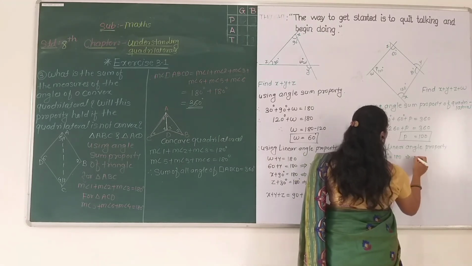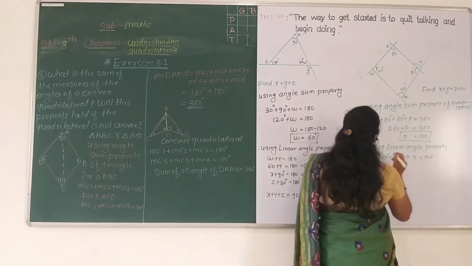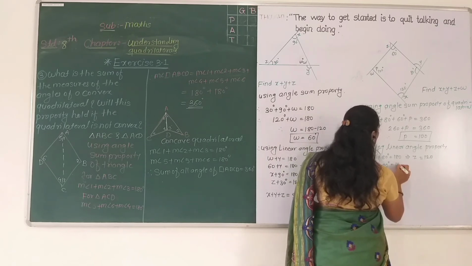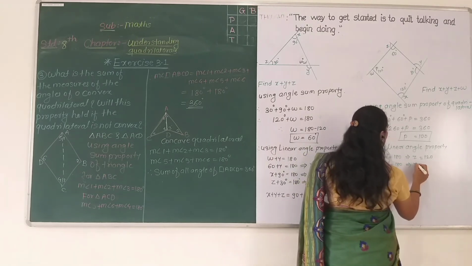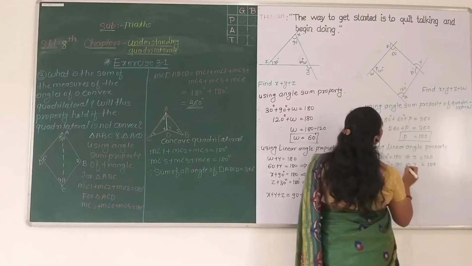So which implies the value of z is equal to what? 180 minus 60, that is 120. Again, y plus 80 degrees is equal to 180, which implies the value of y is equal to what? 180 minus 80. So it will be 100.